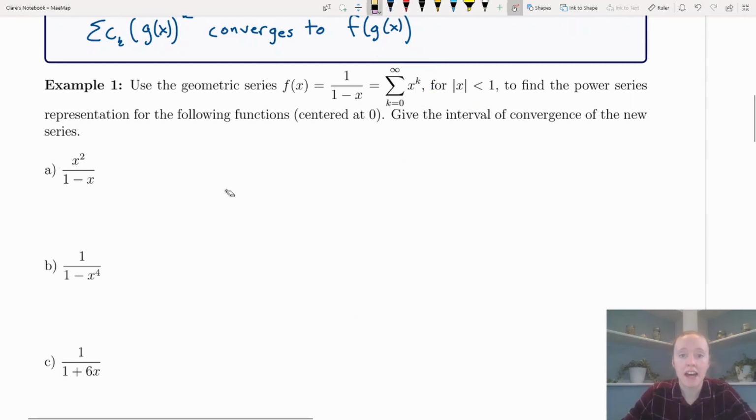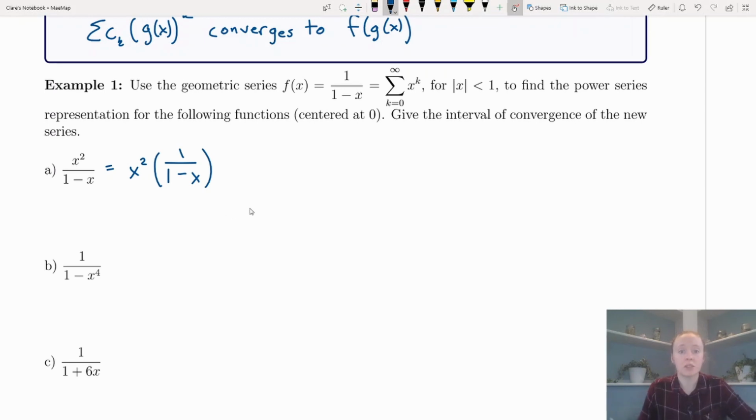So if I have a, which says x squared over 1 minus x, I'm going to rewrite this as, well, I can pull this x squared out in front, and I have my 1 over 1 minus x here. X squared times 1 over 1 minus x, we know exactly what 1 over 1 minus x does. That's our geometric series. So this is x squared times the summation from k equals 0 to infinity of x to the k.